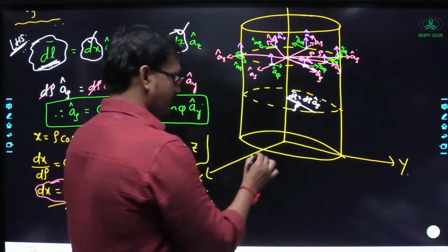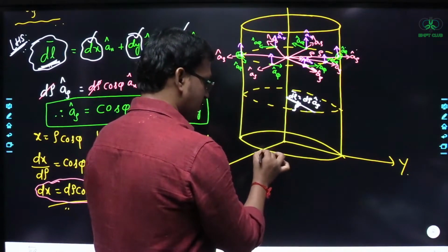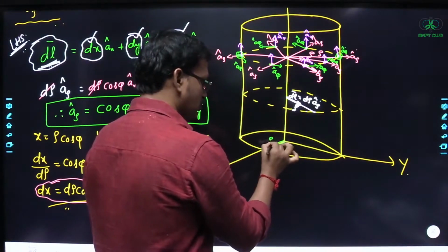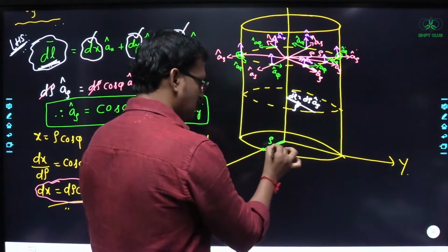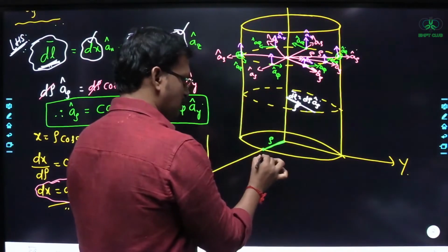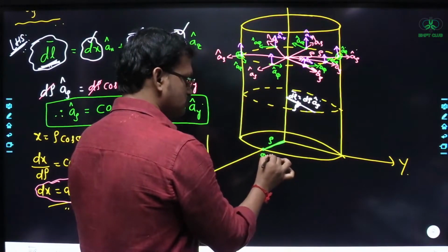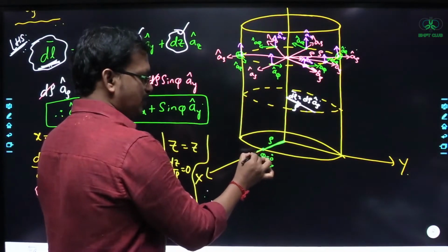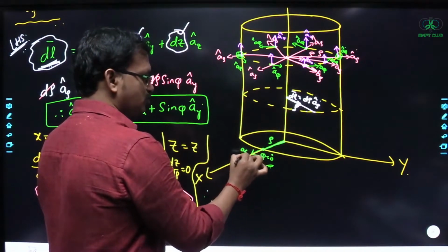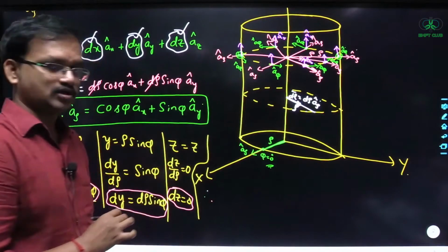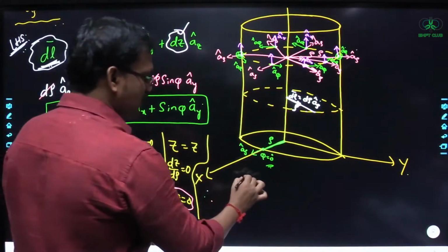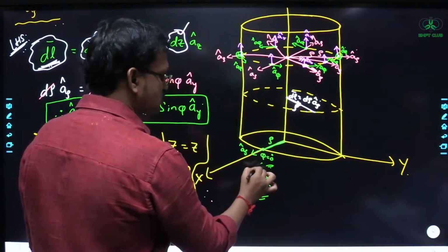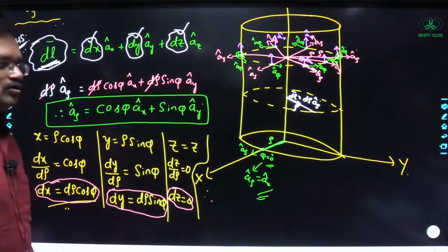If I consider a point here, this is nothing but rho. Whenever rho is along the x direction, phi is equal to 0 degrees, and a rho cap is pointing along the ax cap direction. So a rho cap is equivalent to ax cap when phi is equal to 0 degrees.